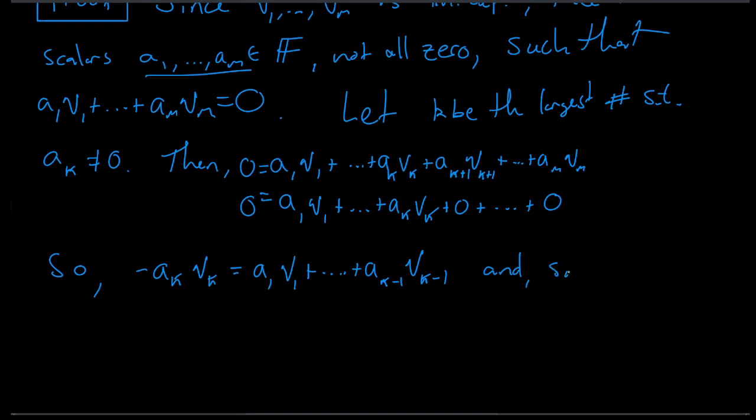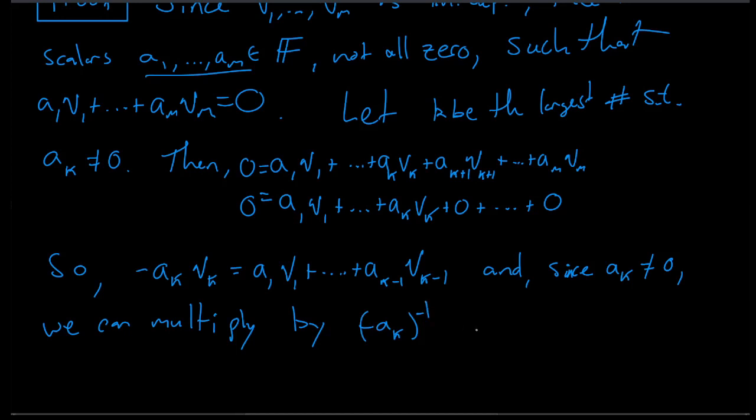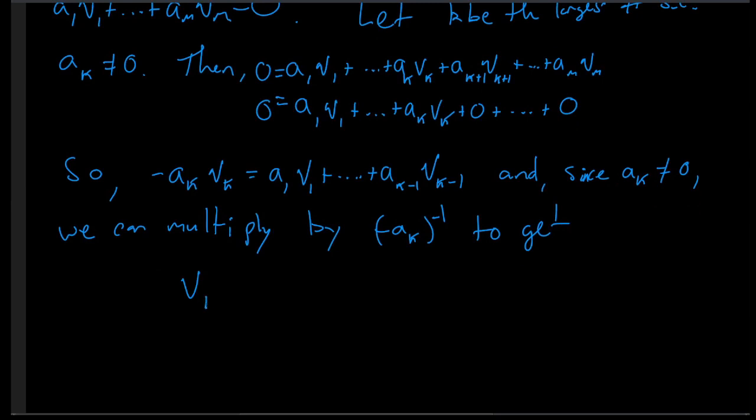And since ak is not 0, we can multiply by its multiplicative inverse to get vk is equal to minus ak inverse a1 v1 plus dot dot dot all the way up to minus ak inverse ak minus 1 vk minus 1.